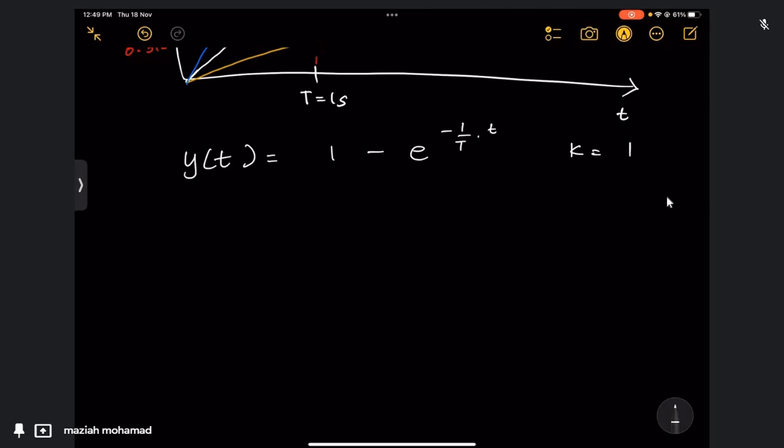If we consider a general K, y(t) will equal K multiplied with 1 minus exponent negative t over T. This is the general time response equation, considering K and also the time constant. All right, any question?